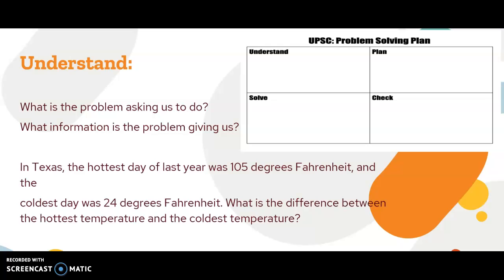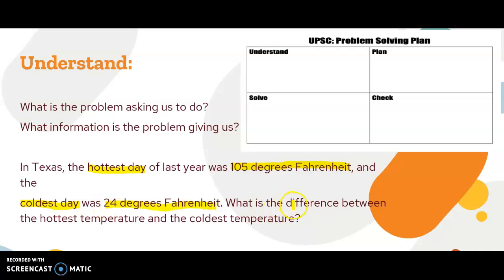So we know that we are trying to compare the temperatures in Texas last year, and we know that the hottest day was 105 degrees Fahrenheit, and the coldest day was 24 degrees Fahrenheit.